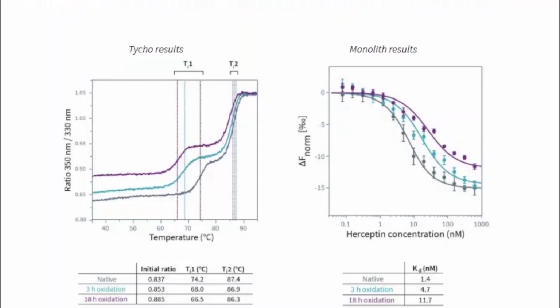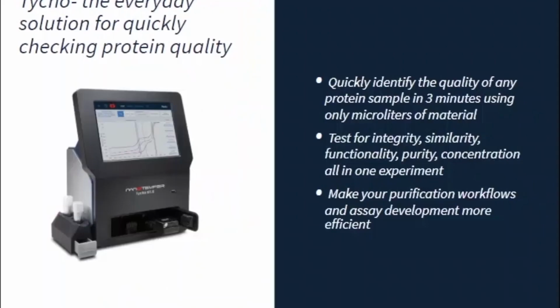Therefore, you can use Tycho prior to running more complex, more detailed experiments to get an idea of what your best candidates are, whether you're seeing functional activity, and to set the basis as you go into these more detailed experiments and work with the most important samples that will get you your results.